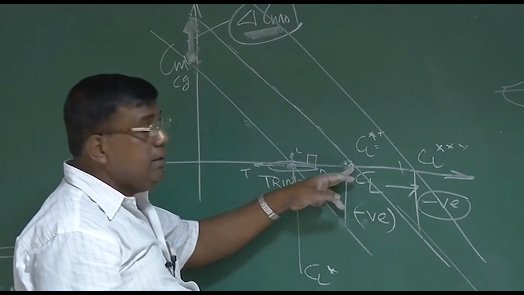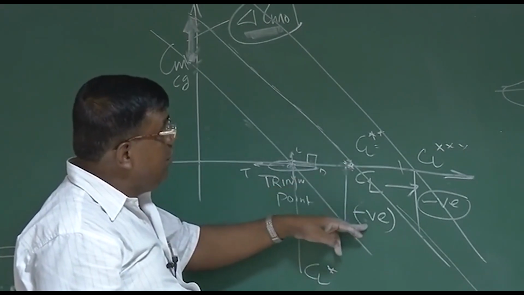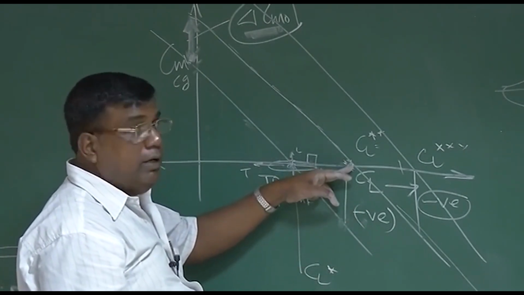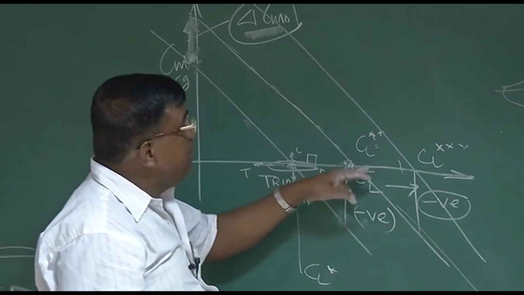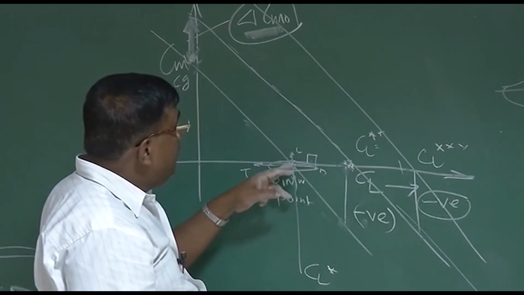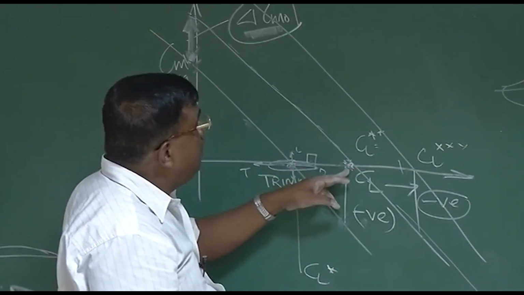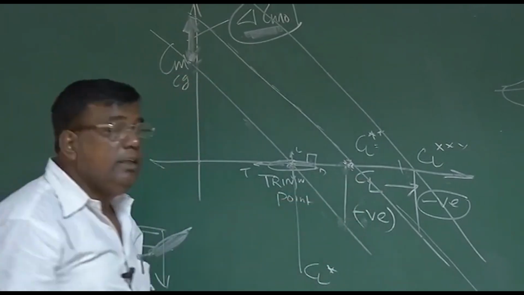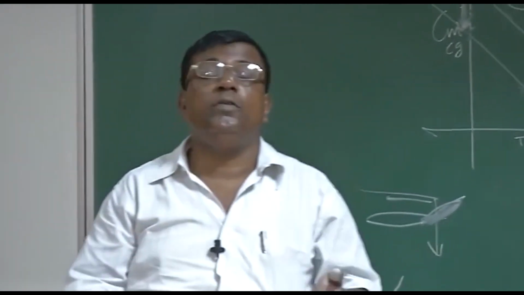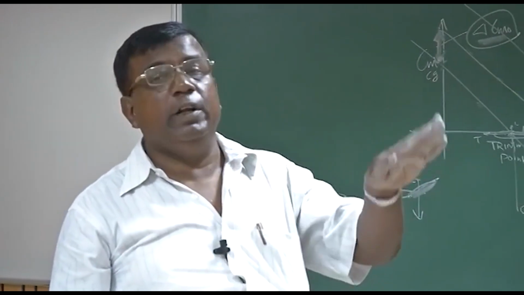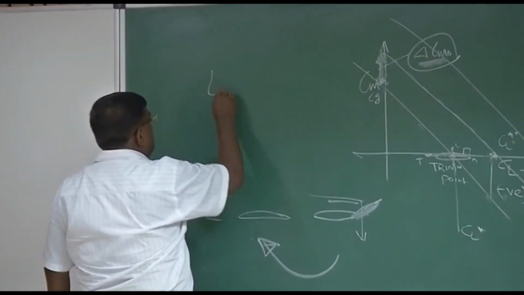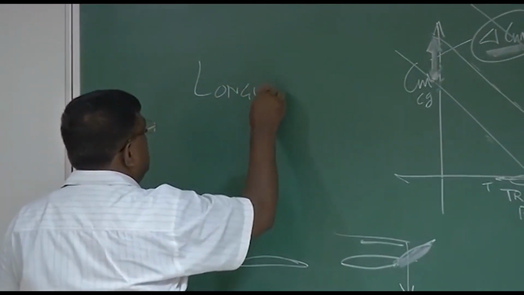To fly here, with Cm0 I have to generate positive moment. So I give elevator up. Same thing here. So from one equilibrium to another equilibrium to another equilibrium, this process is called control of airplane. One of the aspects of control of airplane in the pitch plane, or you call longitudinal control.